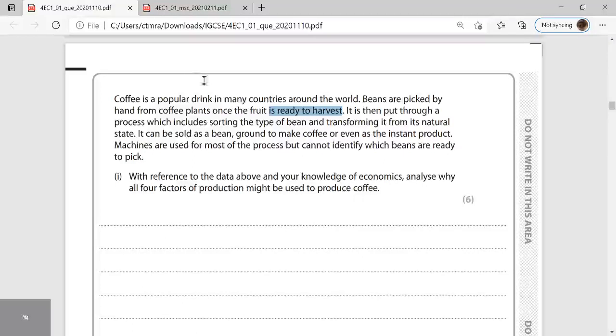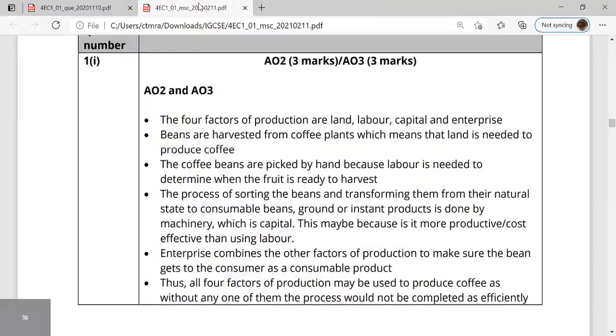Okay, let's see the mark scheme, so you get a basic idea. Everything is there, all four of them are here. Don't use these bullet points. You can use paragraphs, but not bullet points. This AO3 means analyze, and AO2 means referring to the case.